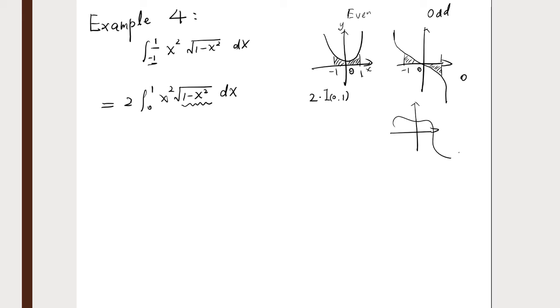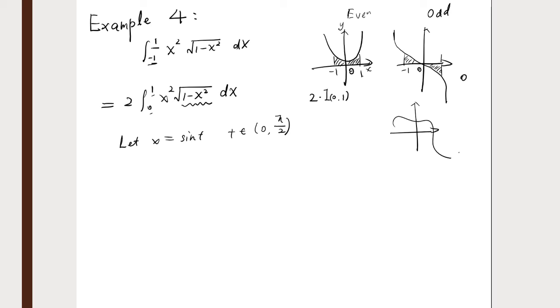So after this, now we can let x equal sine t. And of course, if we want to make sure that the range of x is also from 0 to 1, we have to make sure that t is within the range 0 to pi over 2, right? Okay.